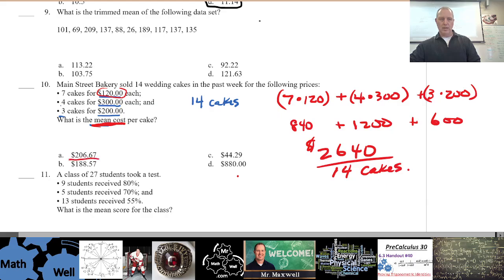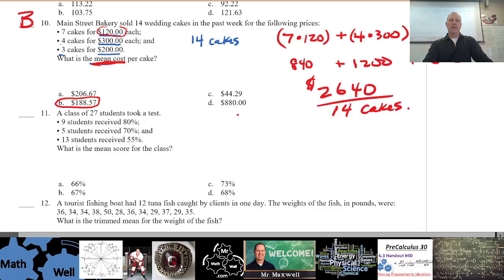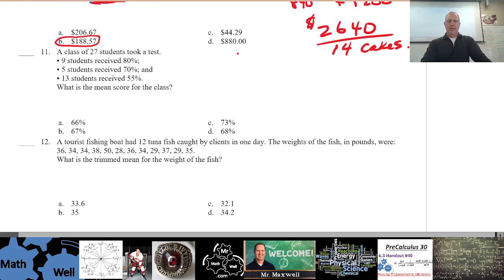Ooh, look at that, it's right here. And that is correct, that's B. Okay, any questions there? Okay, 11 is just very much like that, so I'll let you guys do that one.